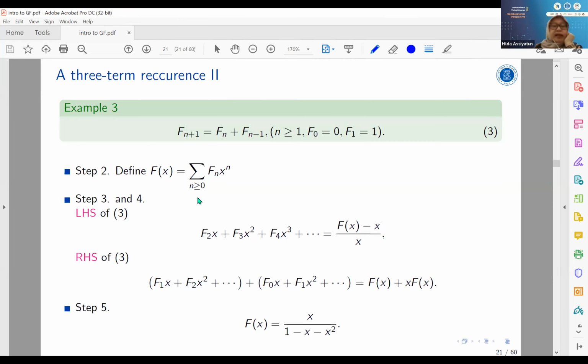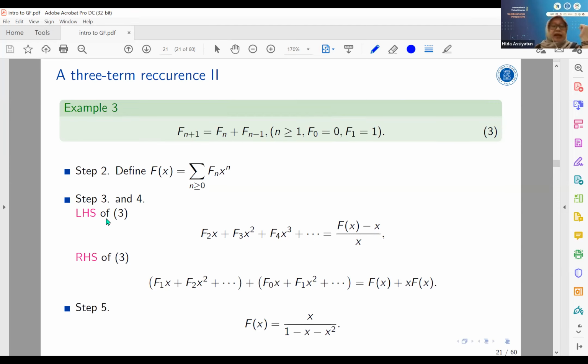The right hand side, the first term equals F(x), and the second term is F(x) multiplied by x.